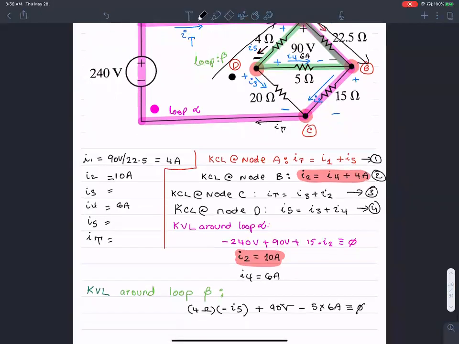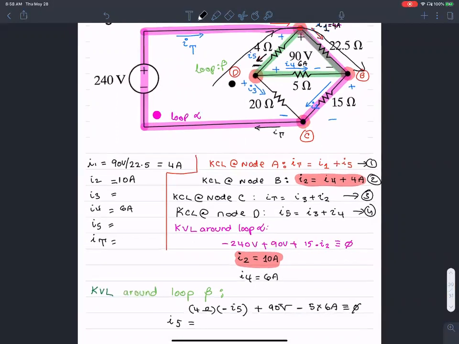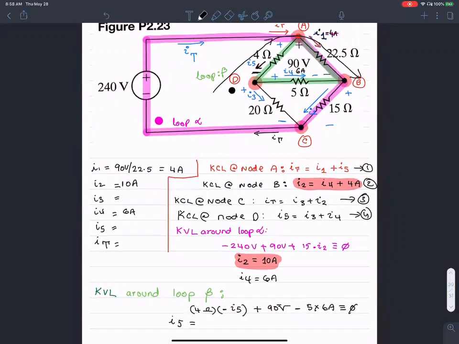Thank you. So that should give me a value for I5. What value does it come out to be? Is it 15?